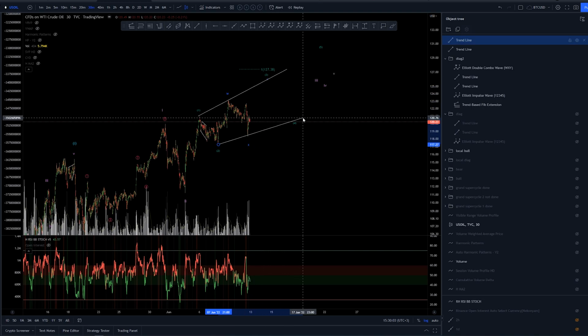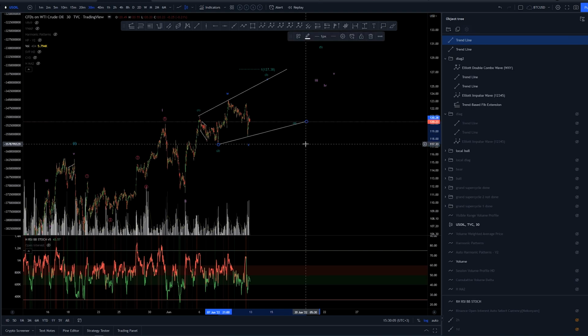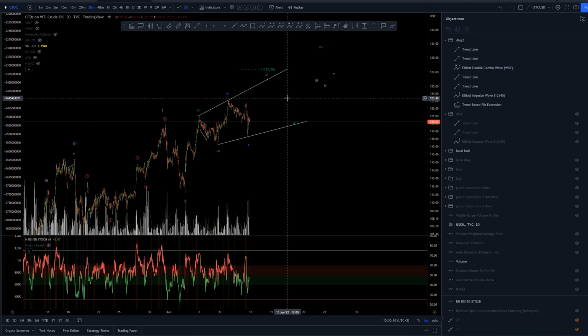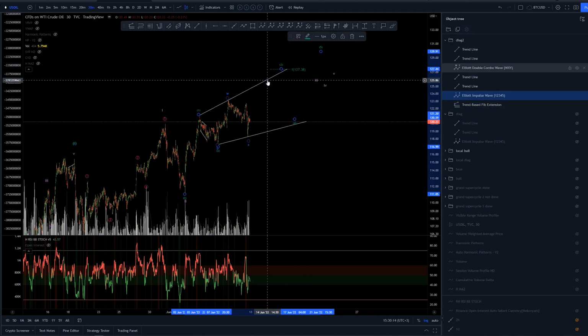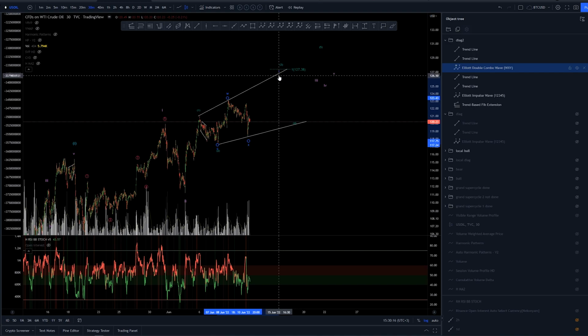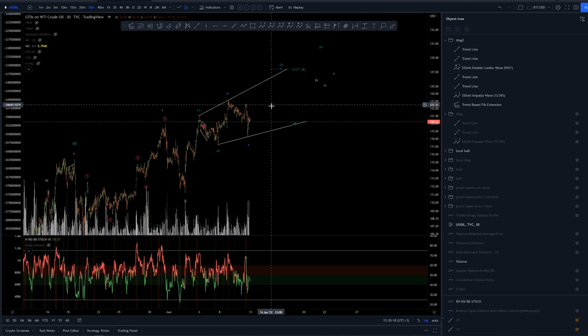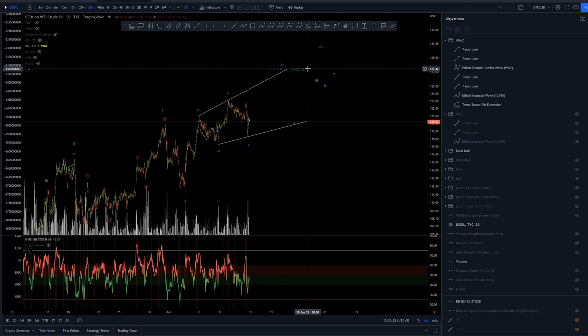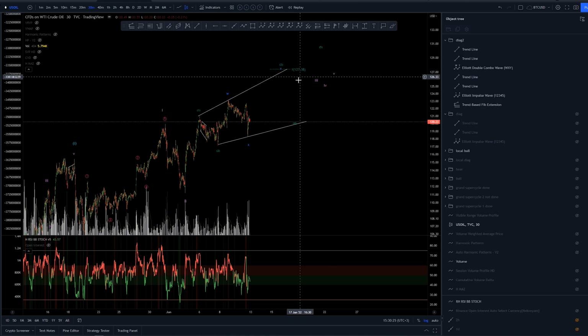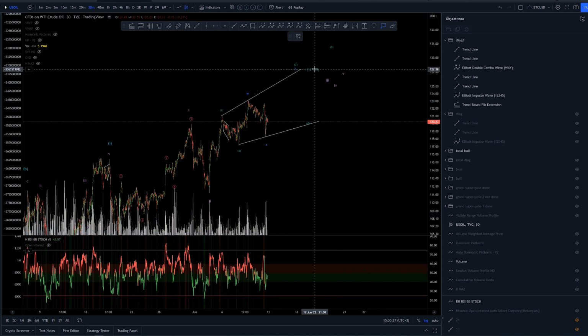That just doesn't happen very often, so this would be very unlikely to happen in the future. So for wave 3, definitely expecting above the 1-to-1 extension for the wave Y here. So a 3-wave structure coming down here, getting up higher than 127.38 here. Let's label that as well.